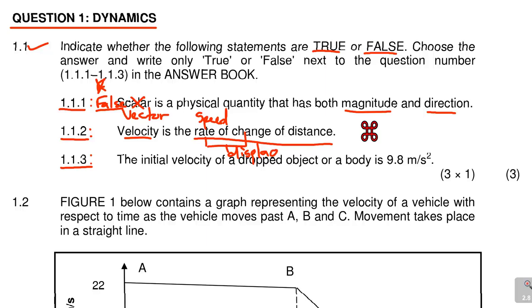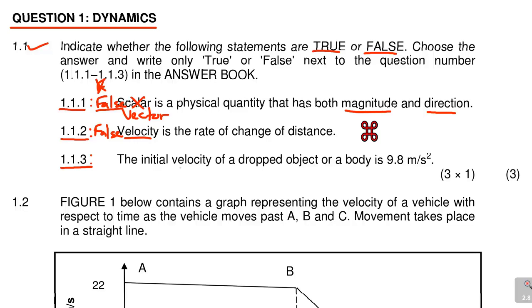Are you seeing that? If it was displacement, you would say yes, that's velocity. But if they are saying the rate of change of distance, you know that is speed, because speed is a scalar quantity just like distance. So that statement also is false.